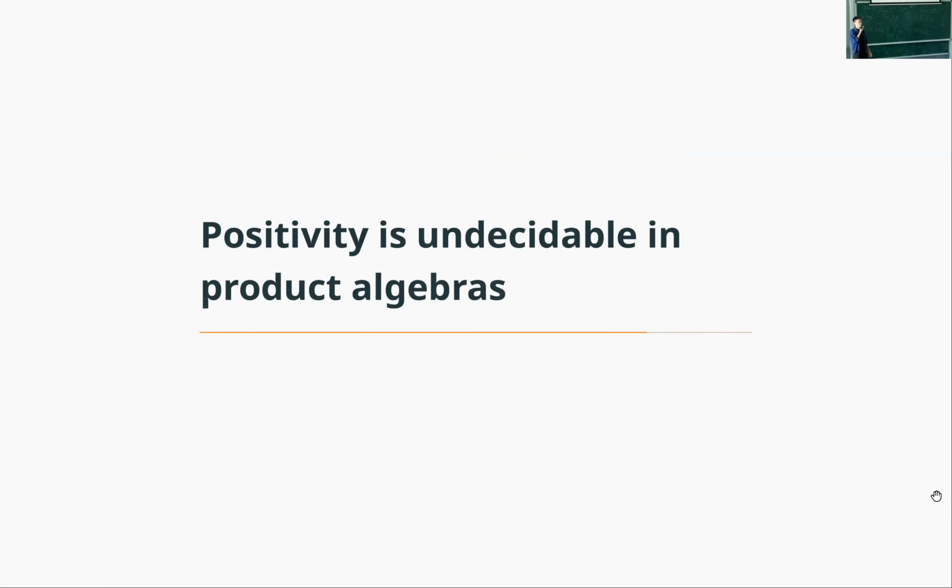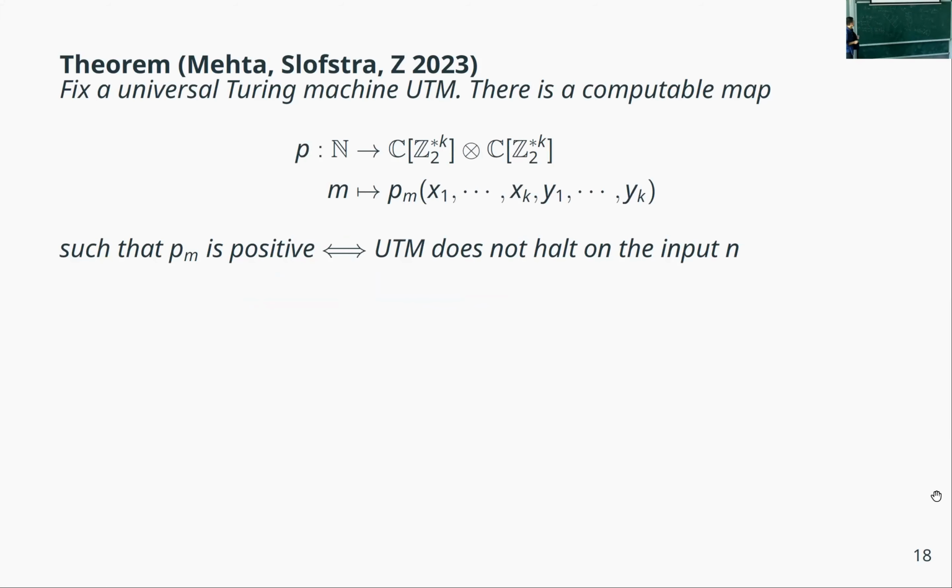And how do you prove something is undecidable? You do a reduction from the halting problem of Turing machines. If you fix a universal Turing machine, then whether it halts on the input M is an RE complete problem. So we construct a computable map from the input of the Turing machine to some polynomials in this tensor product.